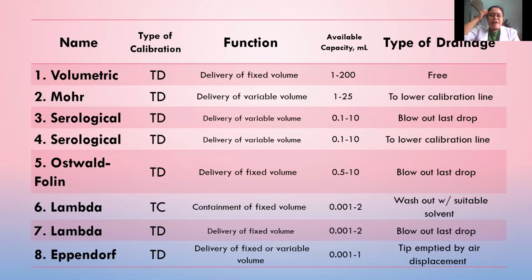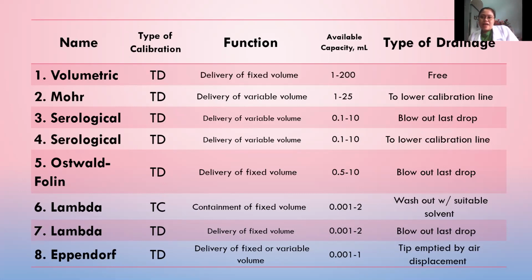Now, number 5, we have the Ostwald-Folin pipette. This is also used to deliver, but this time it's the delivery of a fixed volume, just like the volumetric pipette. And then we have Ostwald-Folin pipette na ang capacity is 0.5 ml, and then meron din tayong medyo malaki, we have until 10 ml.